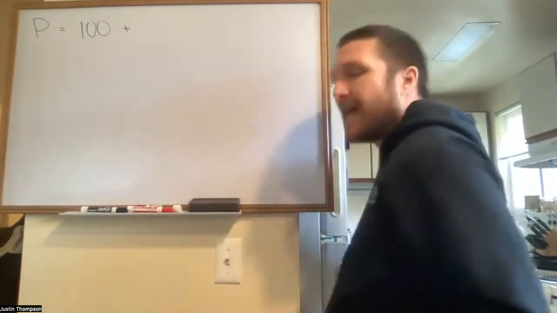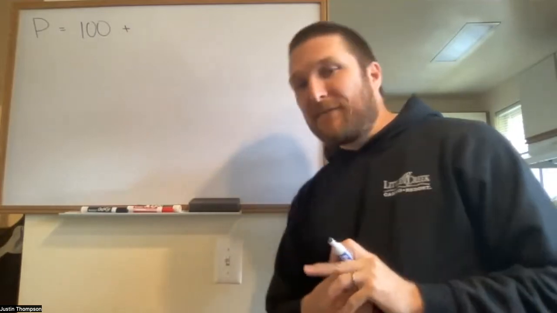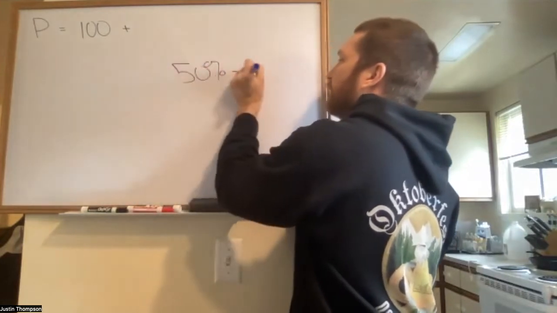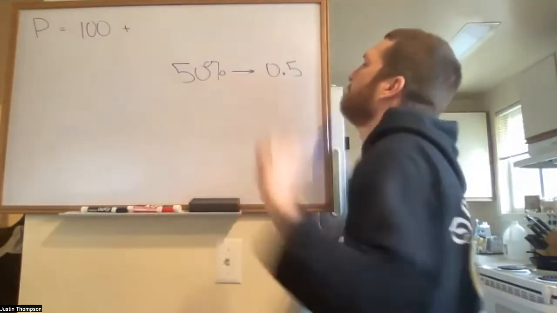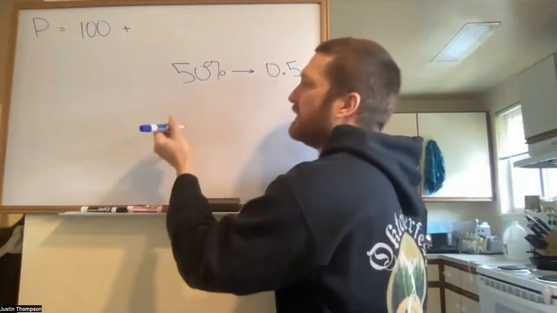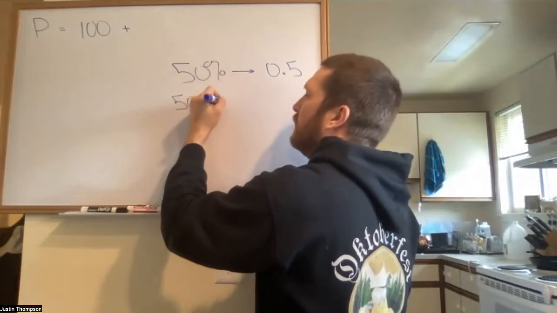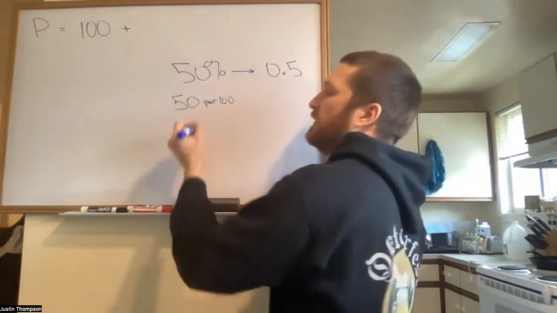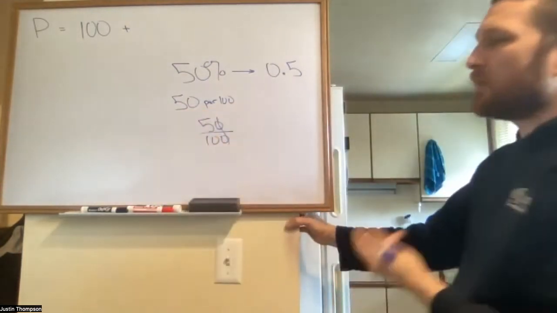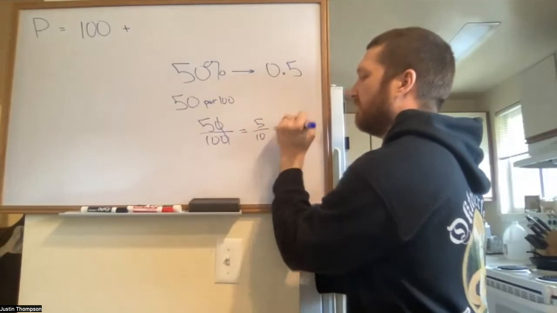So the way that we take a percentage of a number is we multiply by a decimal. If it's 50%, we basically say, well, 50% means per 100. 50 per 100 is Latin for 50 divided by 100, which reduces, and we usually write it as a decimal, 5/10, which is 0.5.